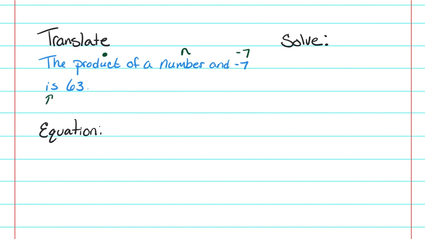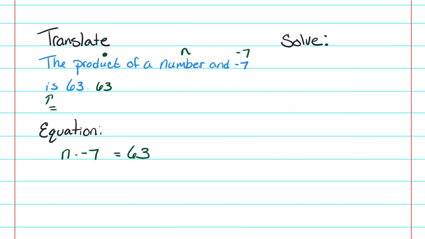is 63. "Is" tells me there's probably an equal sign, right? And then it tells me 63. So reading that again, the product, the multiplication of a number and -7, would be a number times -7, is 63.